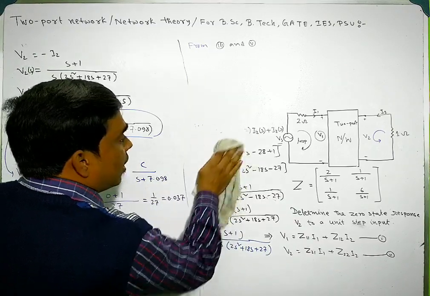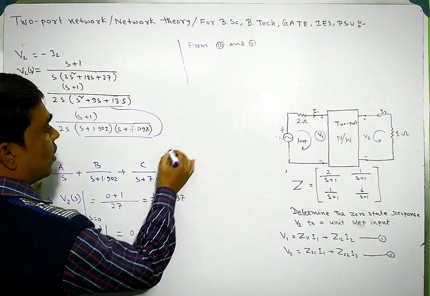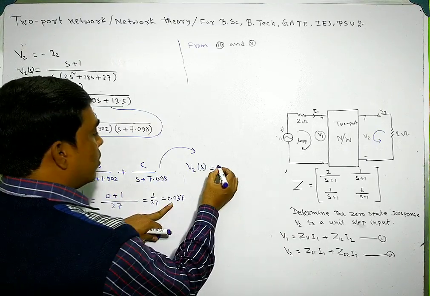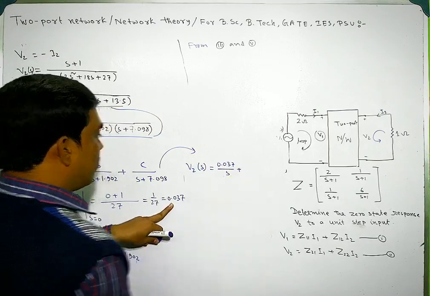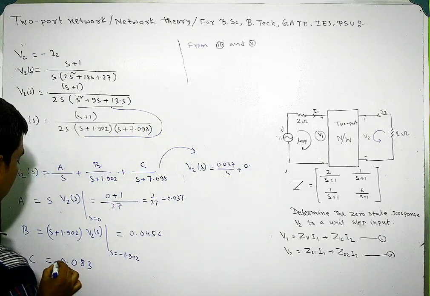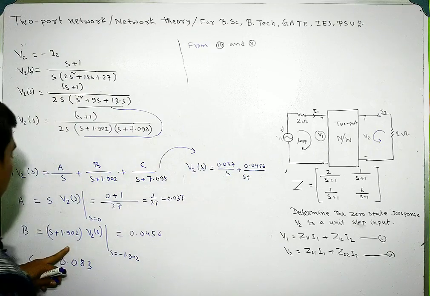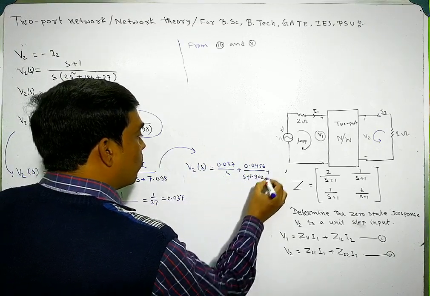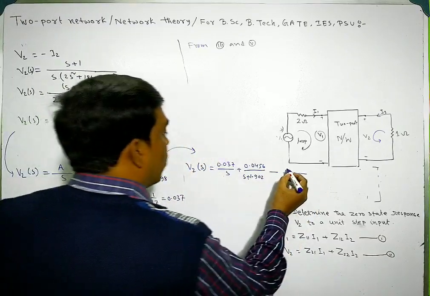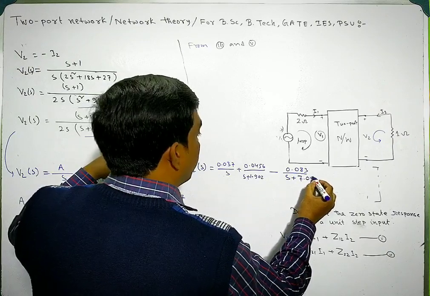Now this equation can be written as V2(s) equals 0.037/s plus, there will be a minus, so 0.0456 divided by (s plus 1.902), plus, there will be a minus because this value is minus, so 0.083 divided by (s plus 7.098).